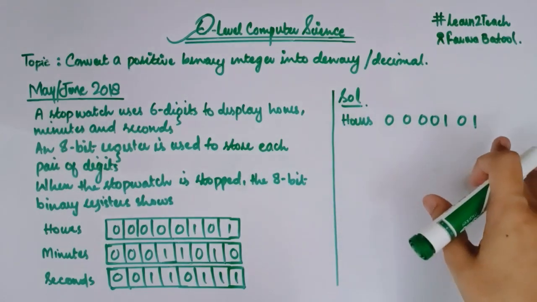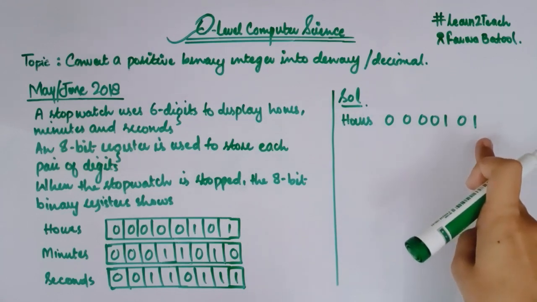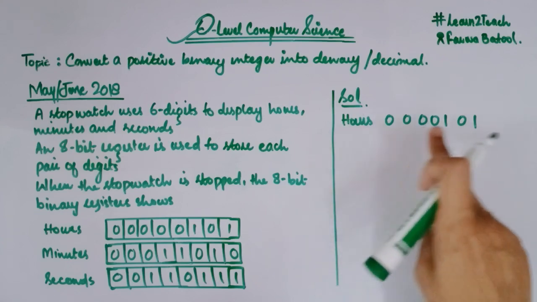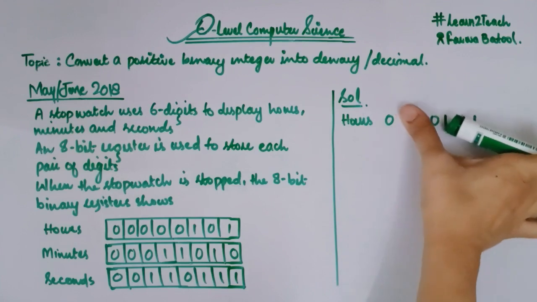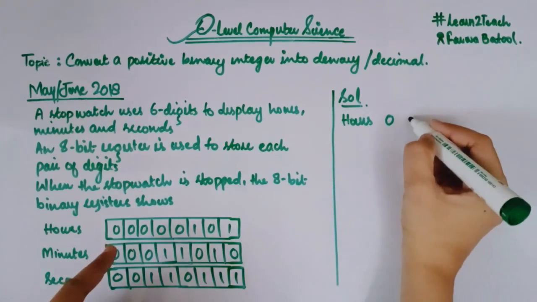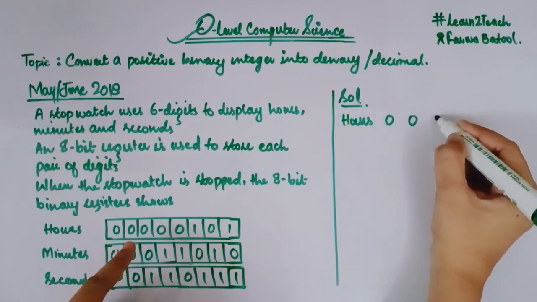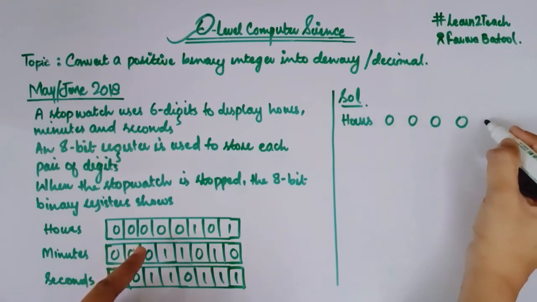Nothing very tricky about it. I have already taught you that we need to write the powers of 2 in ascending order below each of the bits. Let me write these bits with more space so that we can work nicely: 0, 0, 0, 0, 1, 0, 1.